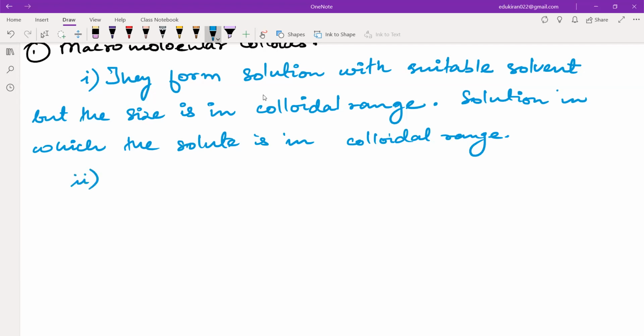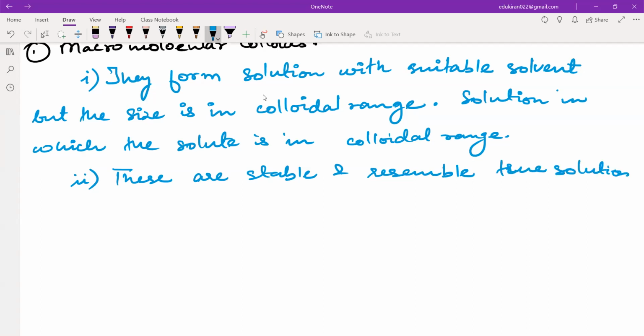Now, second point. Since these are solutions, they will be stable and resemble true solution.